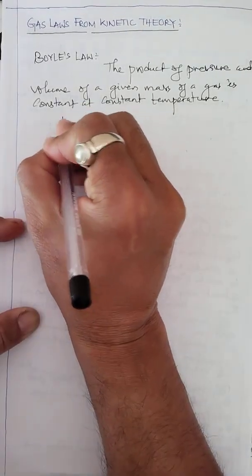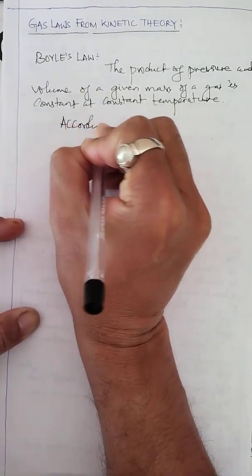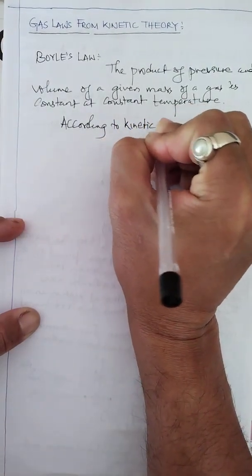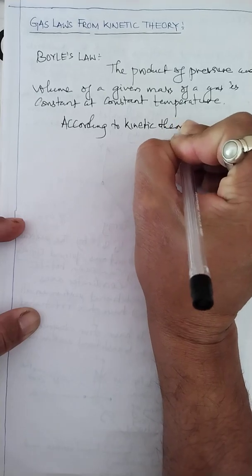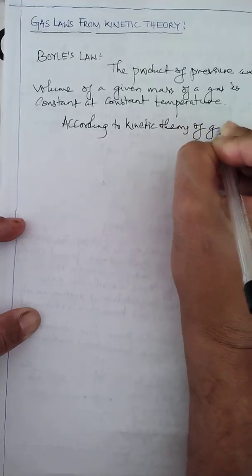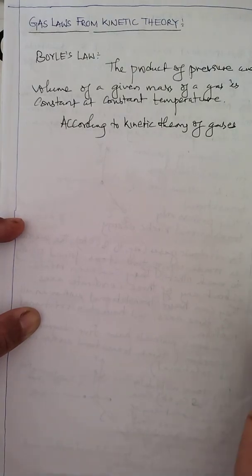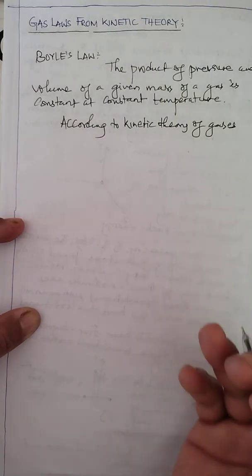According to kinetic theory of gases, the pressure of an ideal gas can always be expressed in terms of the velocity of the gas.